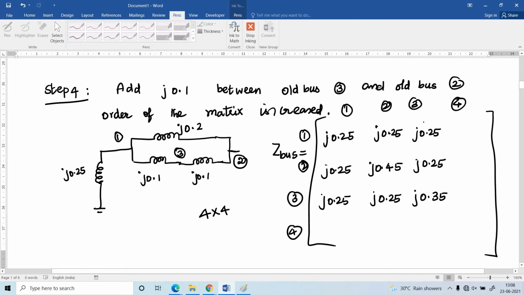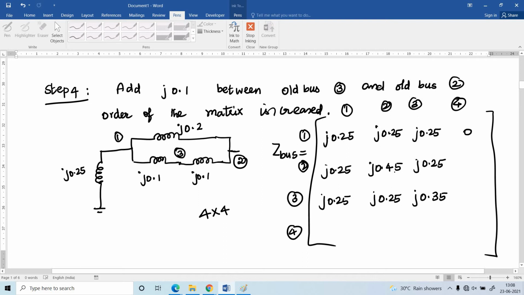How to find out the last element? Here, this is the time for modification. We have to subtract column 3 from column 2. Okay, 2 minus 3 will give the answer for the fourth column elements. j 0.25, j 0.25, 0.